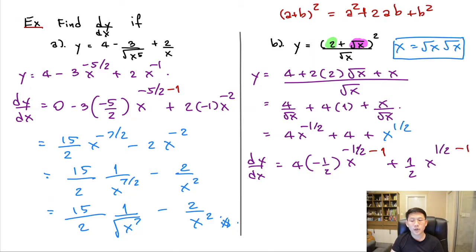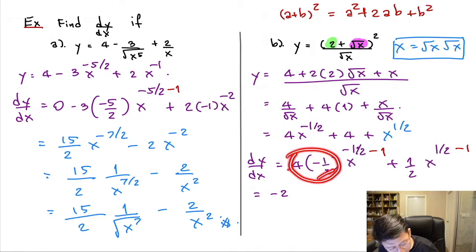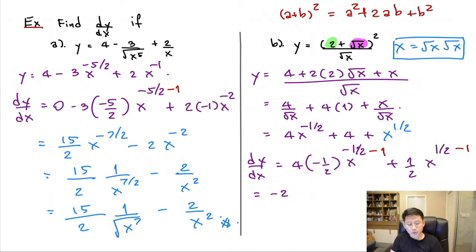Okay, so what we have next is minus 2, right? This guy. This becomes 2 and you have the minus here. So is minus 2 x to the power of what? Guys, minus half minus 1 is minus half minus 2 divided by 2, which is minus 3 divided by 2.